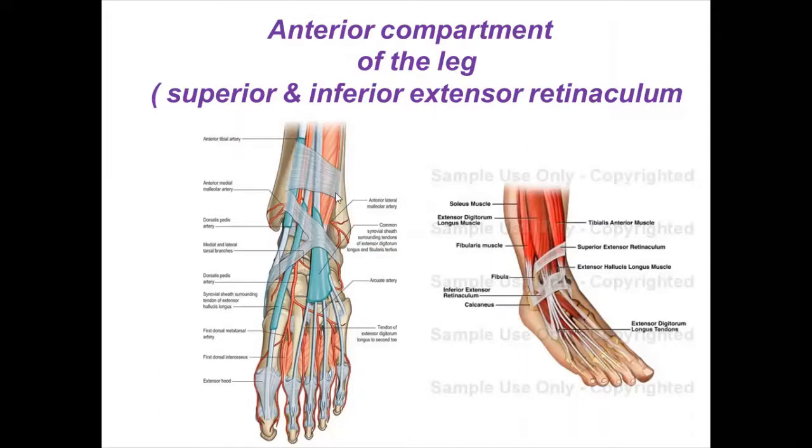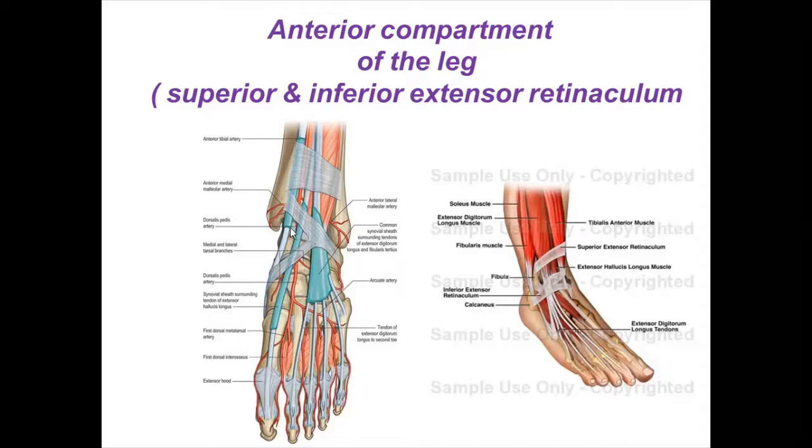The superior retinaculum is attached medially to the lower part of the anterior border of the tibia and laterally to the anterior border of the lower part of the fibula, forming an elongated band just above the lateral malleolus.